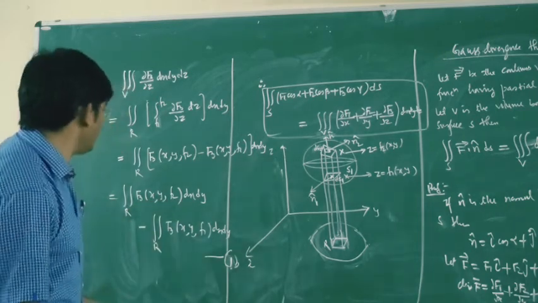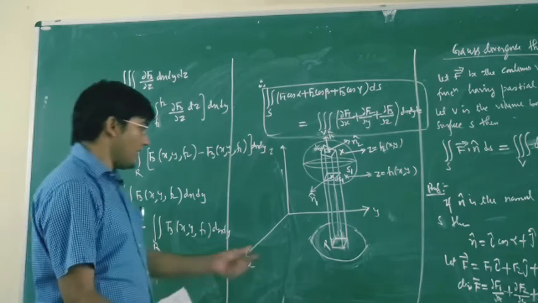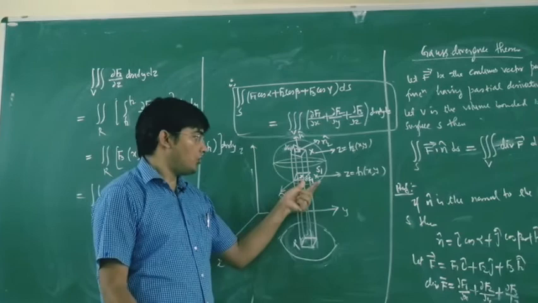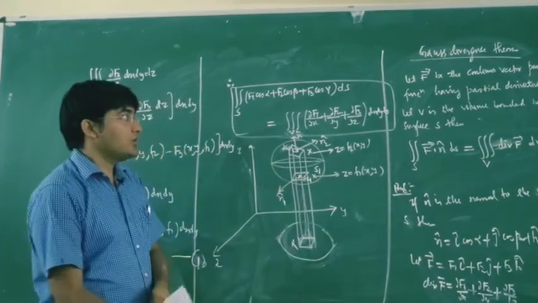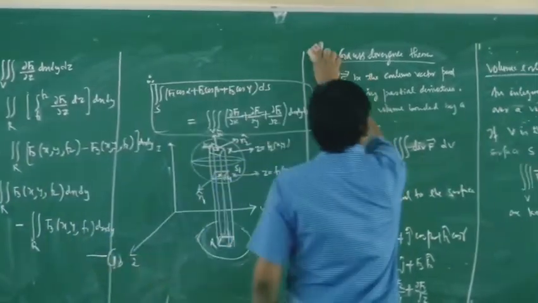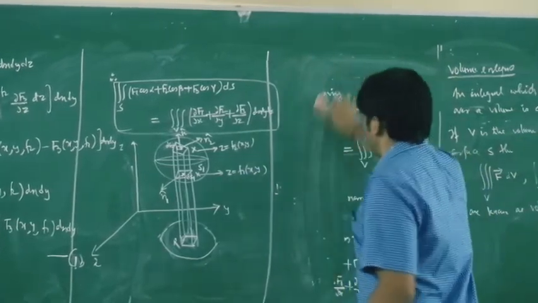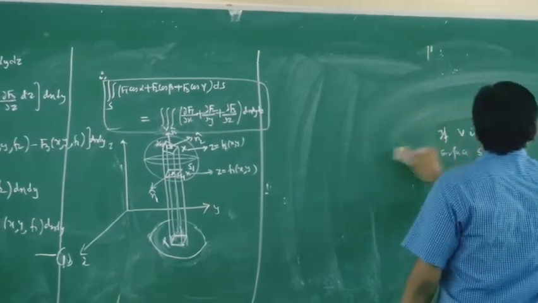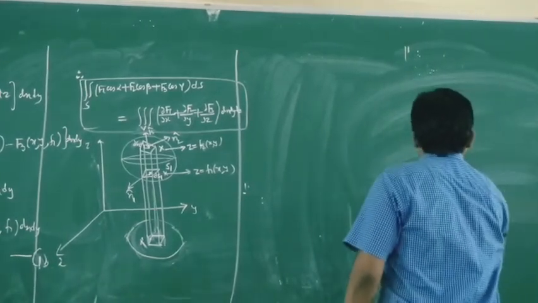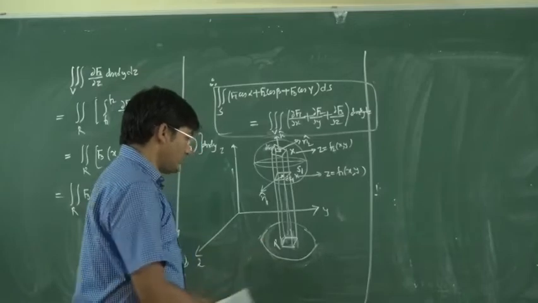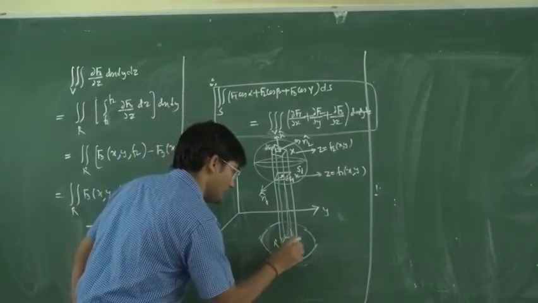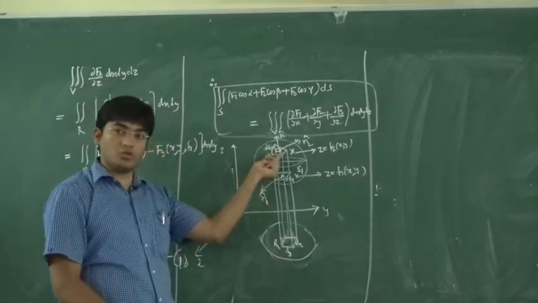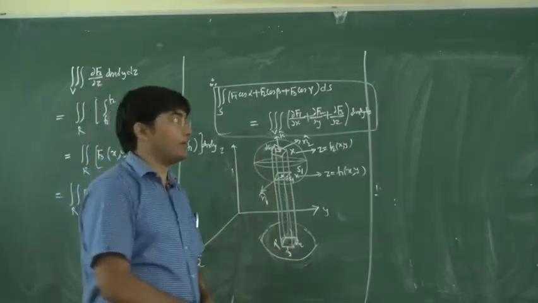Now here you can see that your R was basically the projection of ds2 or ds1 in the xy plane. So with the help of this, we can have the value of this double integral. Here your dx into dy will be the projection of ds2 or ds1 in the xy plane.